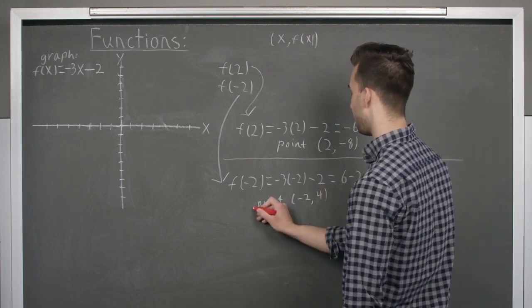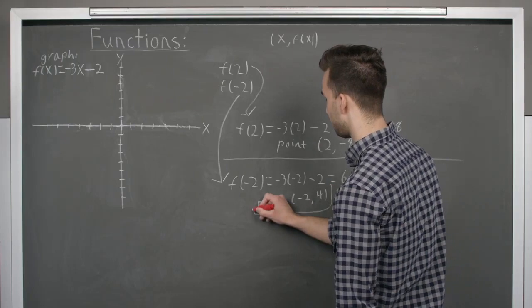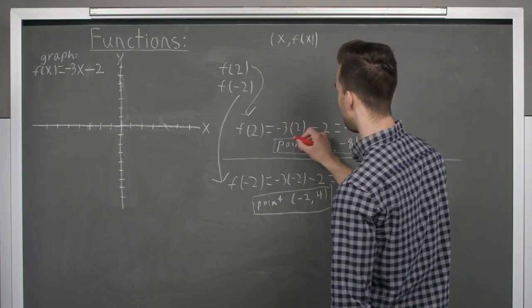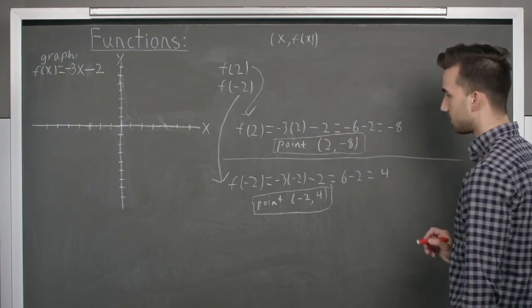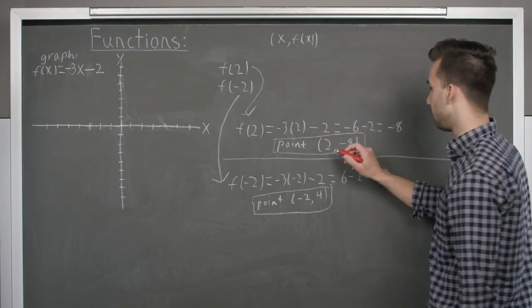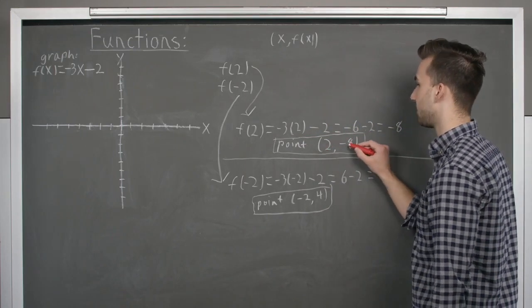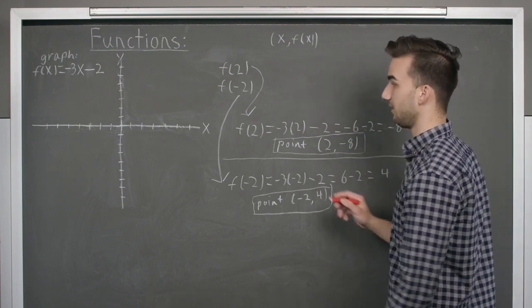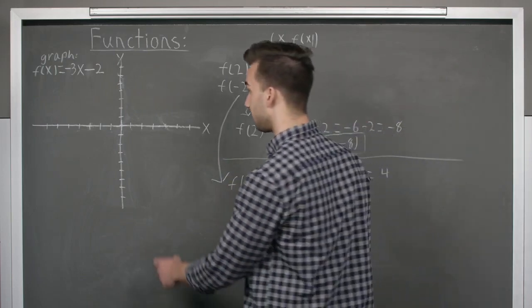Okay, so now that we have 2 points, we can go ahead and graph those 2 points, right? That's the next step. So let's graph this first point. We go 2 in the x direction and -8 in the y direction. Let's see if I even have enough ticks on this graph to do that.